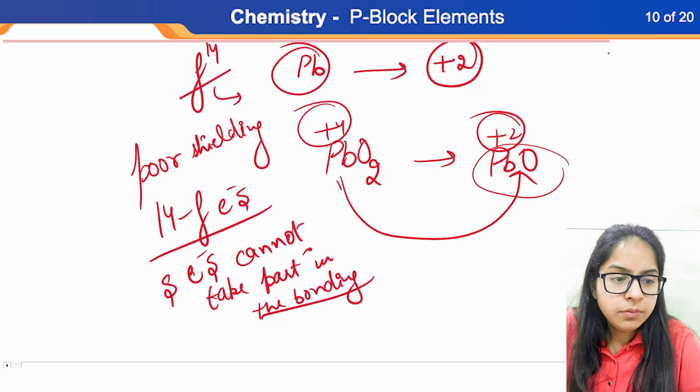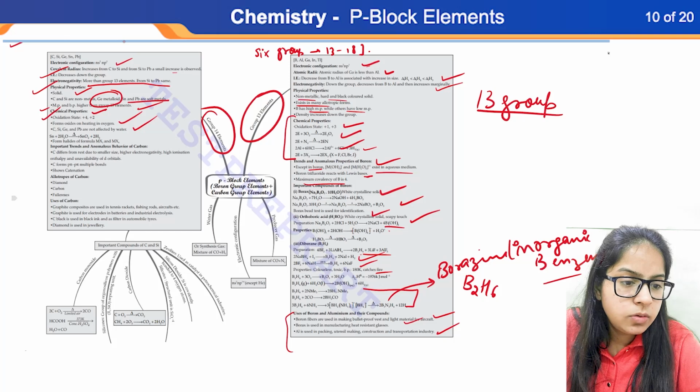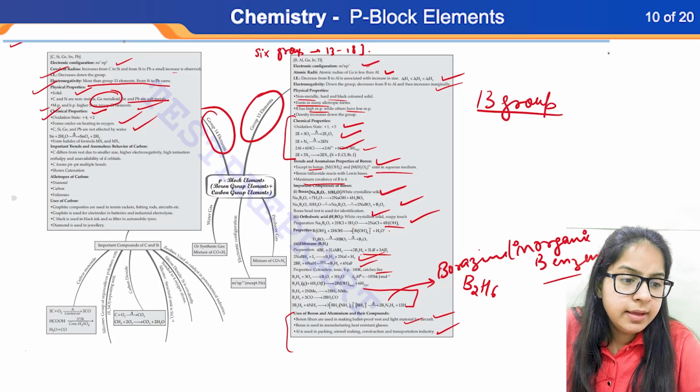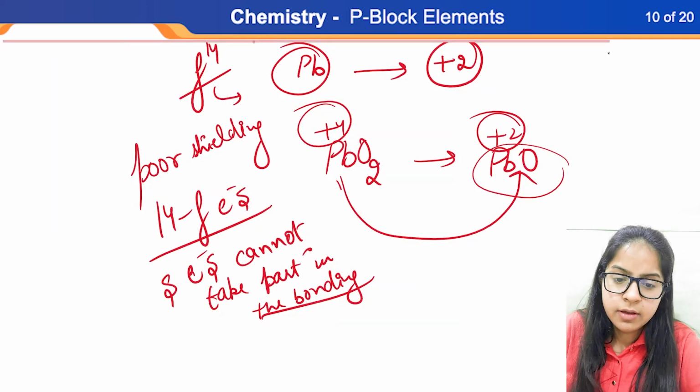Now the next one is, it can form oxides on heating. Carbon, silicon, germanium and lead are not affected by water, but tin is affected by water: Sn plus 2H2O on heating gives SnO2 plus 2H2. It can form halides of the formula MX2 and MX4.